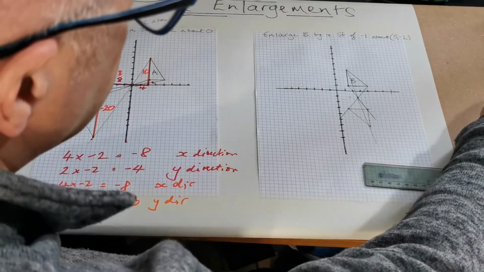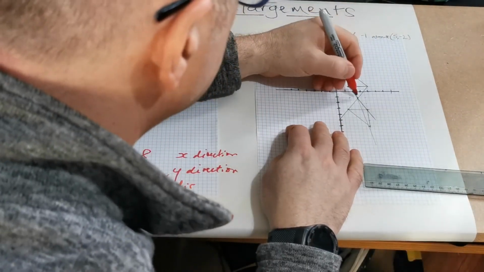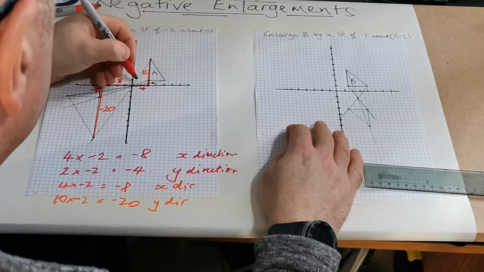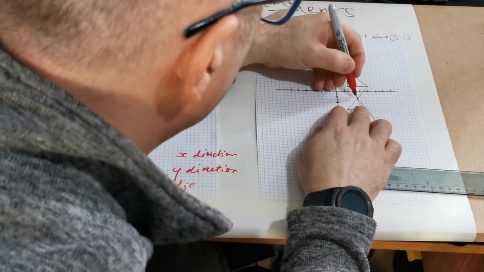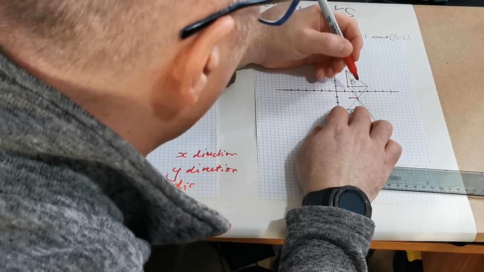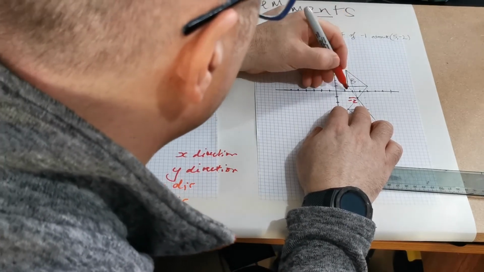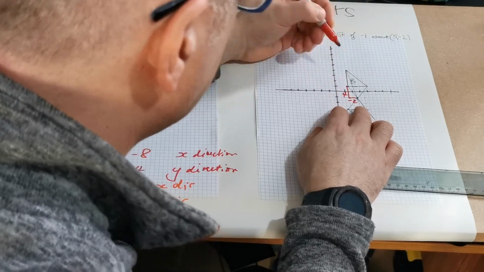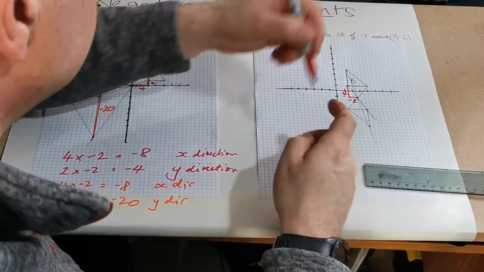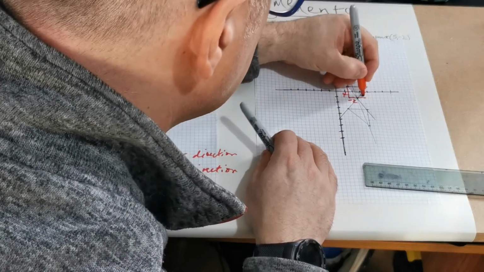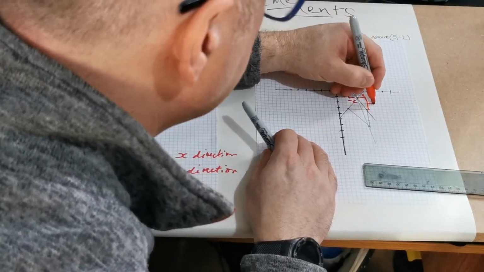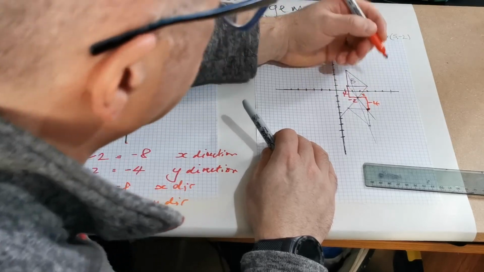So just to recap, here I went 4 and then 2 to my point. So here I'm going to go -2 and then 4 up there. And then because I'm timesing each of those values by -1, it gives me 2 and then -4 to give me the enlarged point.